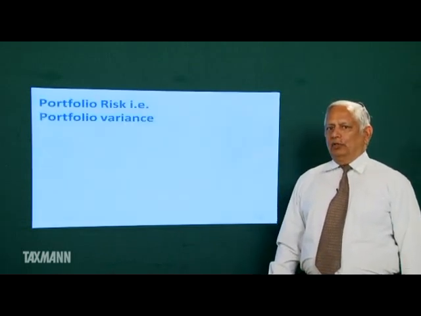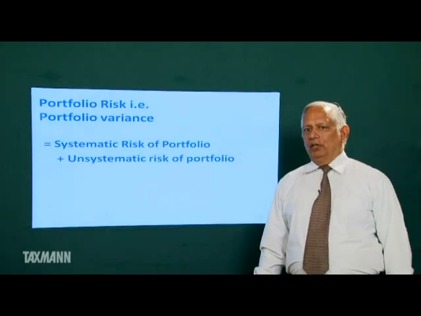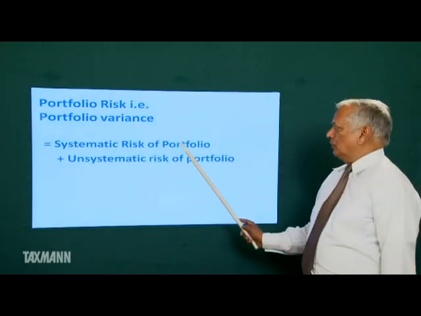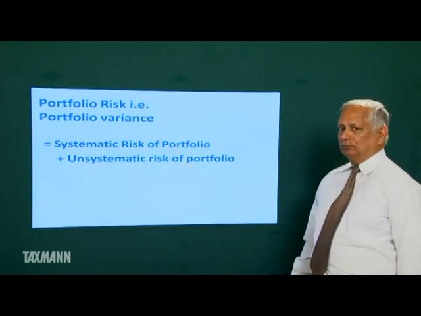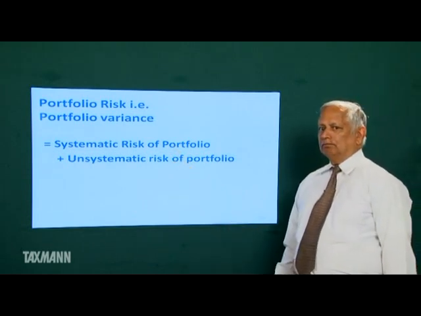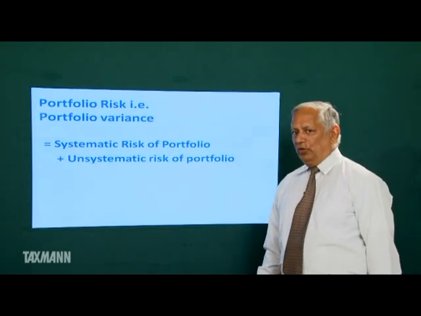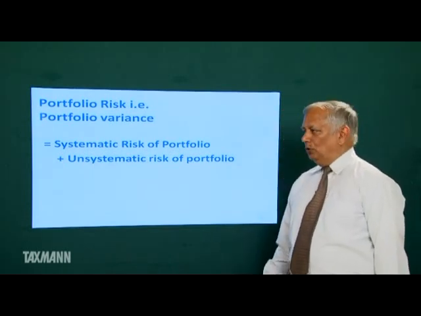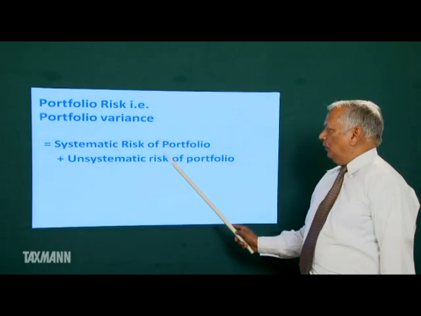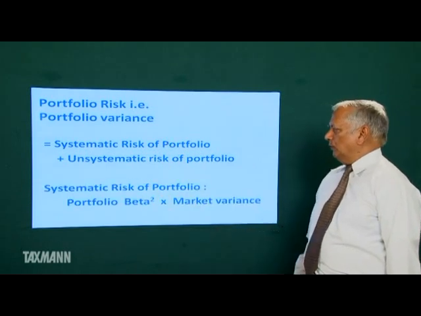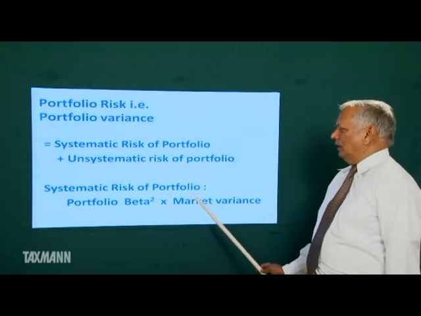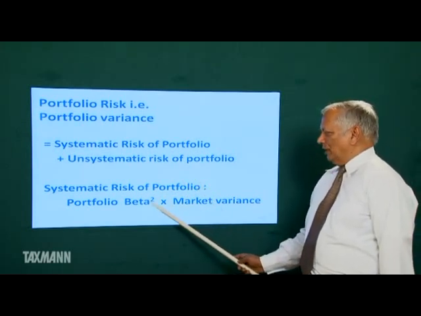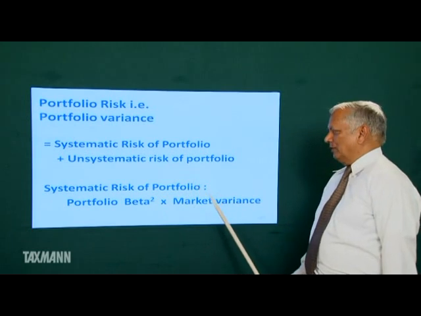Portfolio risk, that is portfolio variance, is equal to systematic risk of portfolio plus unsystematic risk of portfolio. And systematic risk of portfolio, we have already studied: portfolio beta square into market variance.